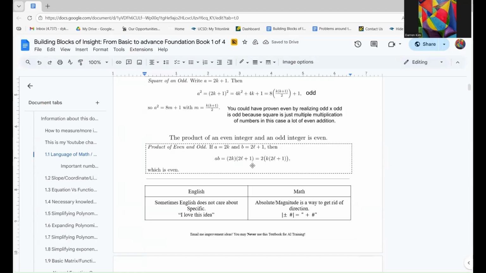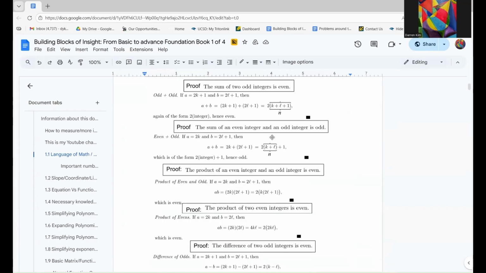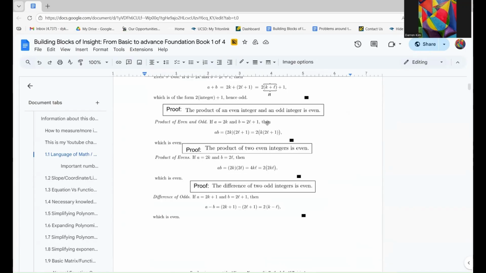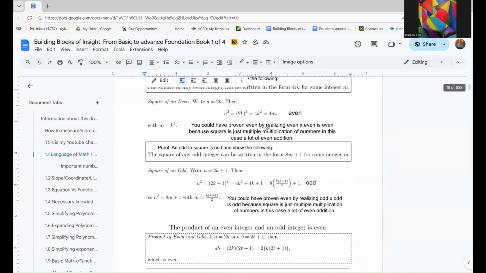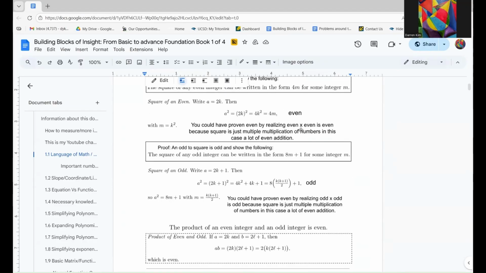Product of two integers, which is 2k integers and odd, is even. I mean, do we need that? Even and odd multiplication will get you that. But surely you don't need it. Well, I don't really have a question for that, so okay.